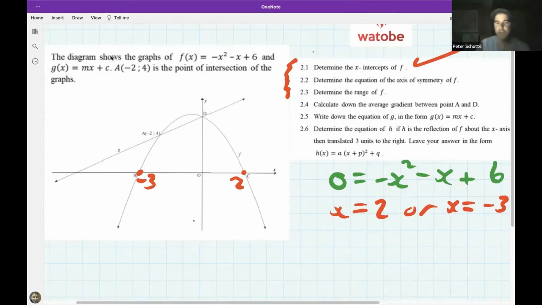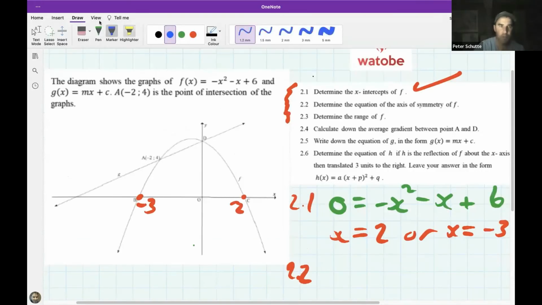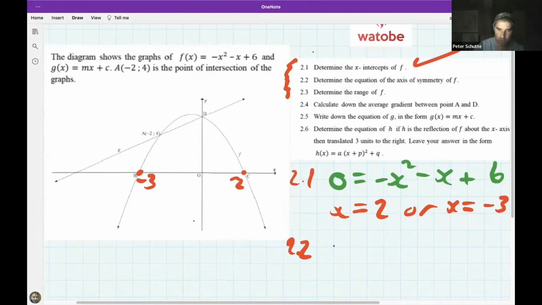Kailetu. Now, what about the axis of symmetry? How are we going to find that? So this is 2.1. What about that? Well, we know that formula, don't we? Let's grab this. The formula that we need is minus b over 2a, where it's in standard form, and it is in standard form here.